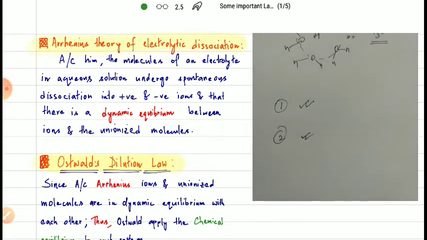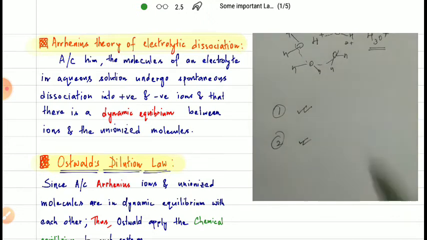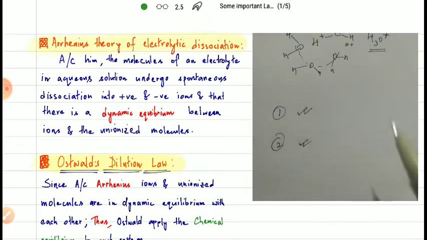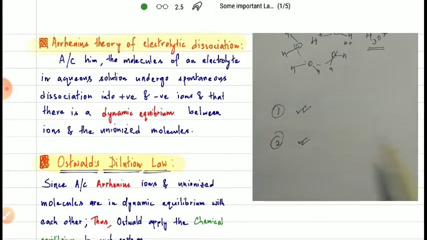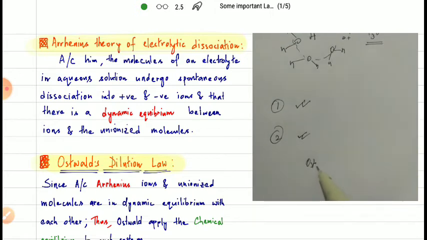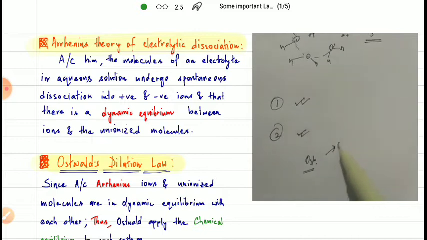Hope you understand the first theory. Now we're going to discuss a new law, which is the Ostwald dilution law. Basically, this law is also on the basis of this Arrhenius theory. The Ostwald law is based on Arrhenius theory.